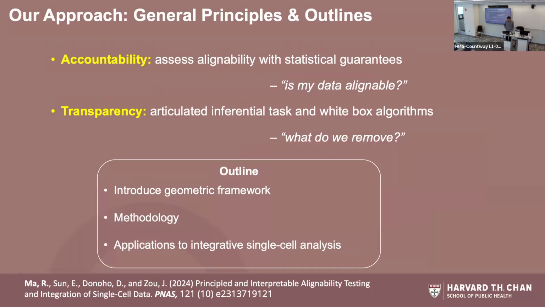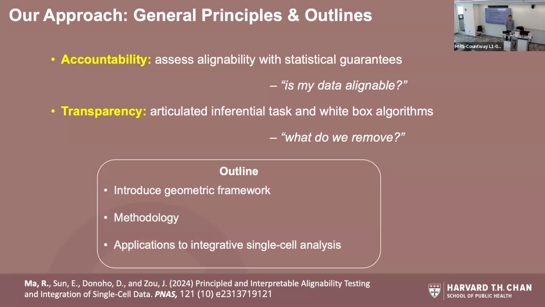To overcome the limitations, we consider the following two principles that we want to follow. The first principle is that we want a way to assess the alignability between the data sets with certain statistical guarantees, where we can answer the question: is my data alignable after all? Secondly, we want to make the algorithm as transparent as possible, so that we have an articulated inferential task.